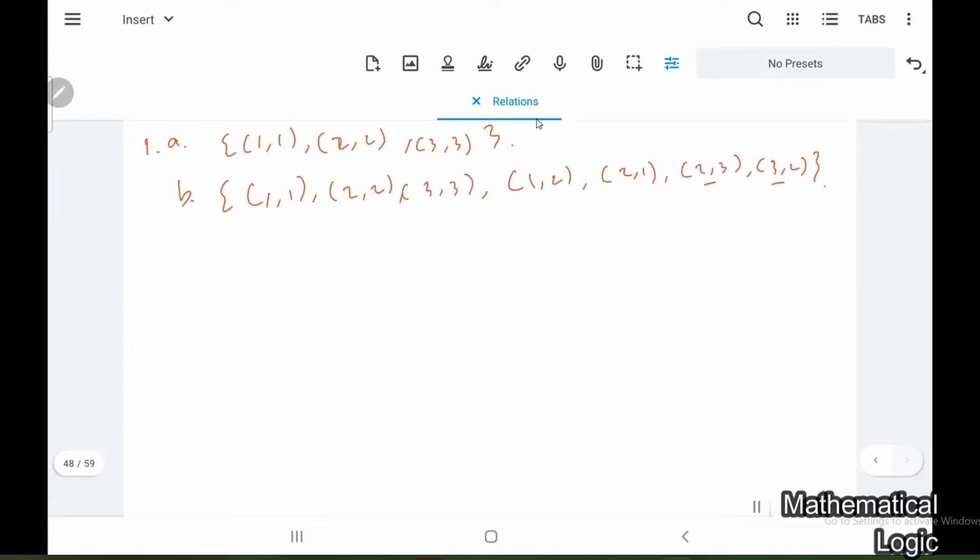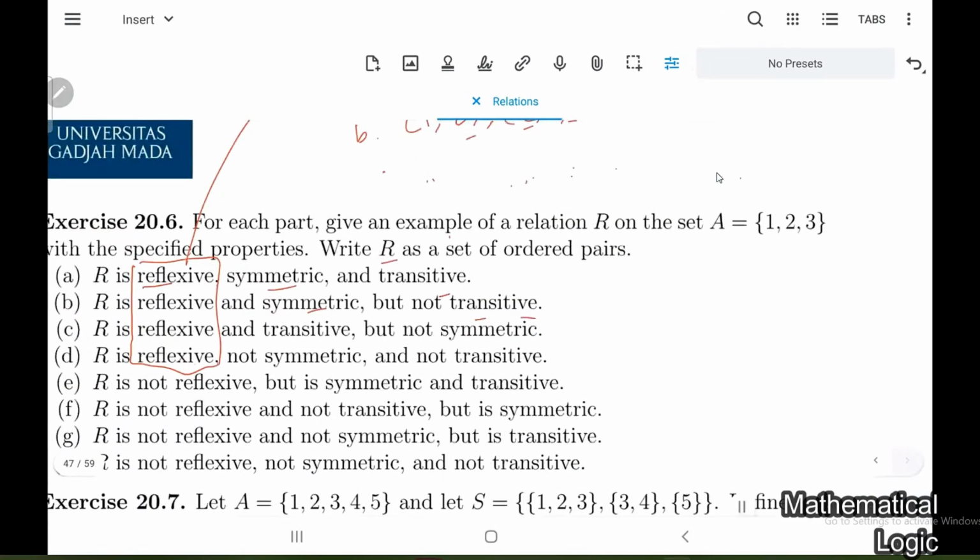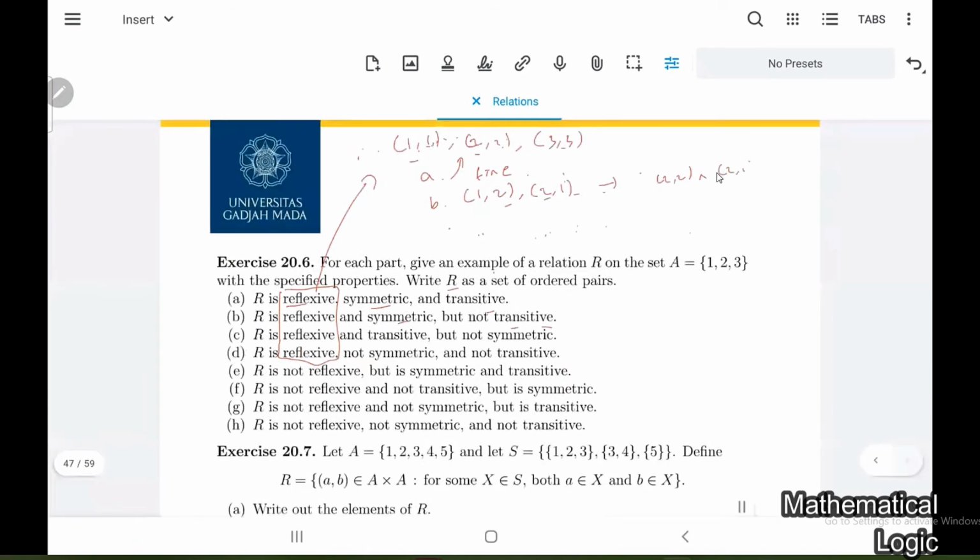There is a direct message with a question, and to answer whether it is okay or not, it depends on whether it satisfies all requirements. Again, the answer is not unique, so there can be more than one answer. It is fine if you get another answer. Please check whether it fulfills all the conditions or not.